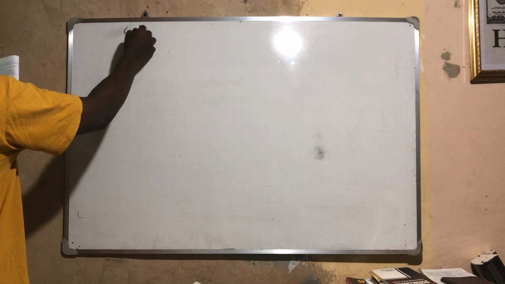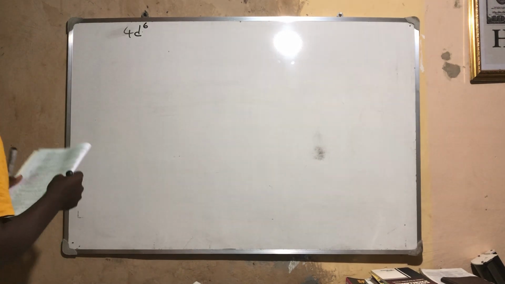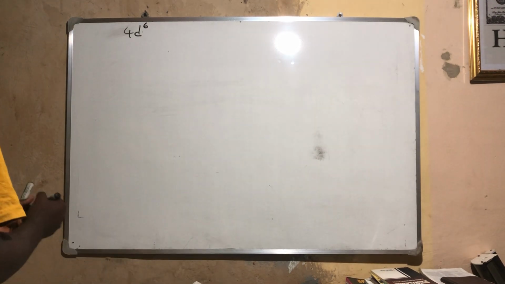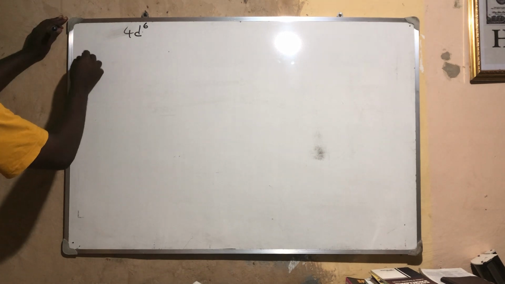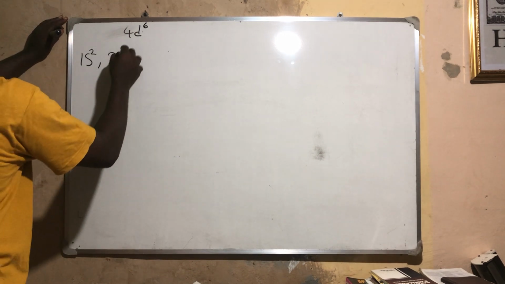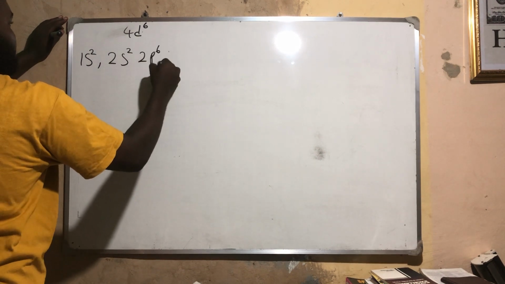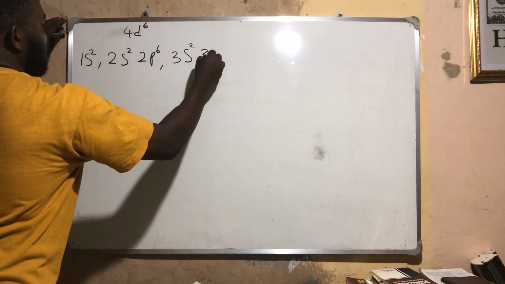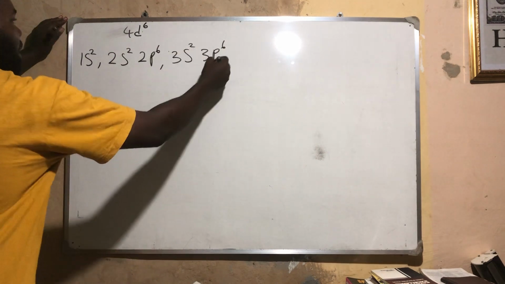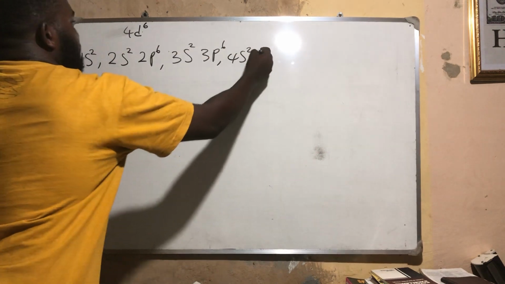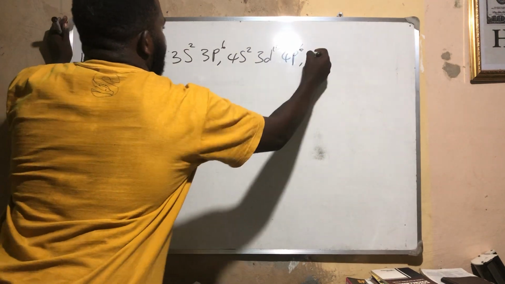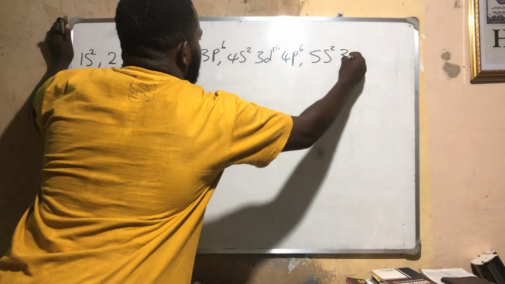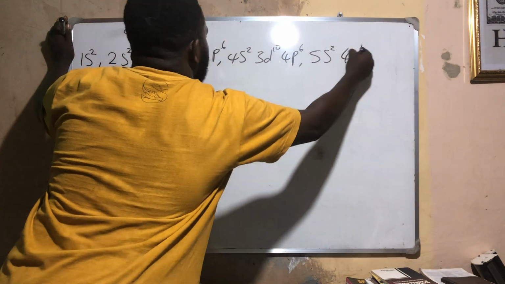So here we still have the 4d6, and we need to calculate the paired and the unpaired electron. So let us still write the electronic configuration again. 1s2, 2s2, 2p6, 3s2, 3p6, 4s2, 3d10, 4p6, then 5s2, 4d6.